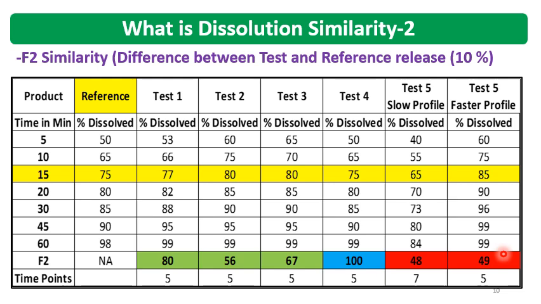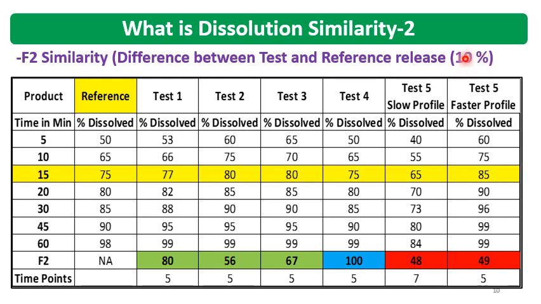So it means that the F2 calculation considers the 10% difference, and if the difference is more than 10%, then you will not get an F2 value above or equal to 50. So this is very simple. The differences between the test and the reference dissolution profile should be within 10%.